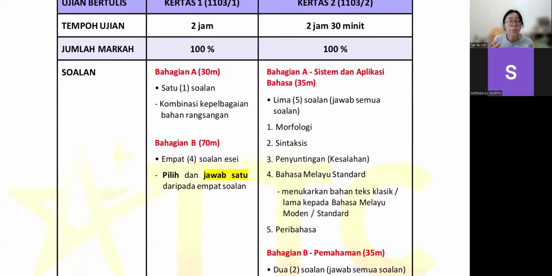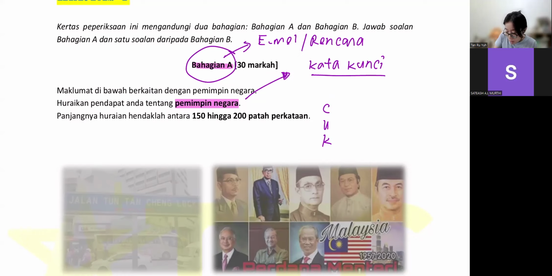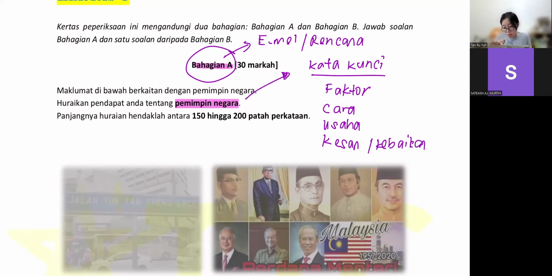You forgot. Okay, it's actually cara, usaha, and also kesan or kebaikan. Kebaikan atau keburukan. If you think about kesan, we have 2 types, kesan baik or kesan buruk, the benefits or the disadvantages.